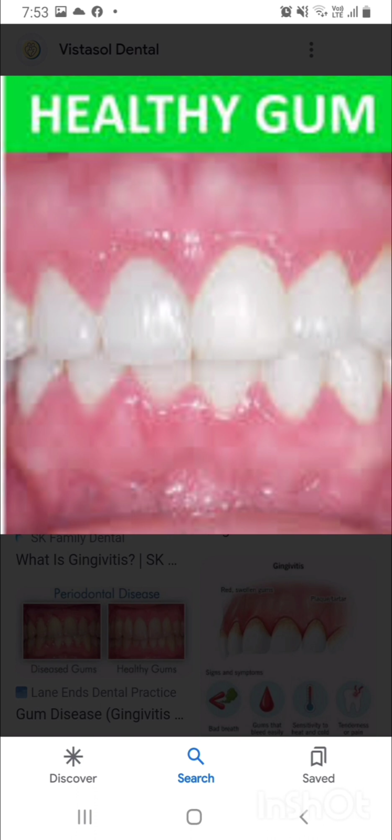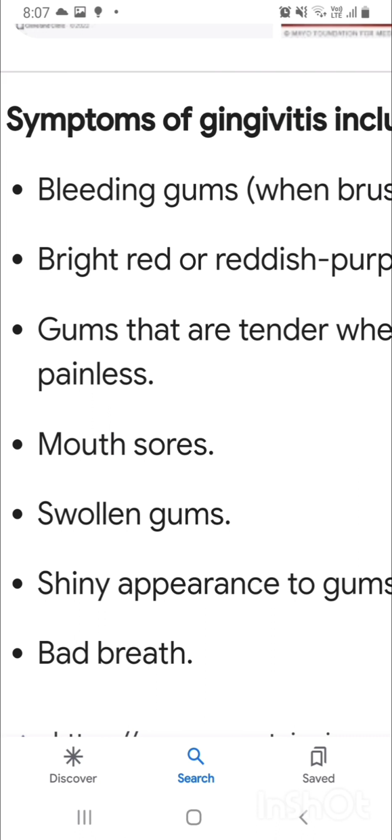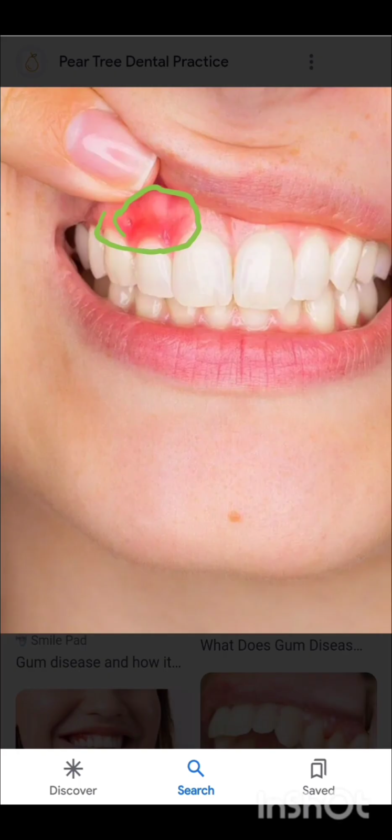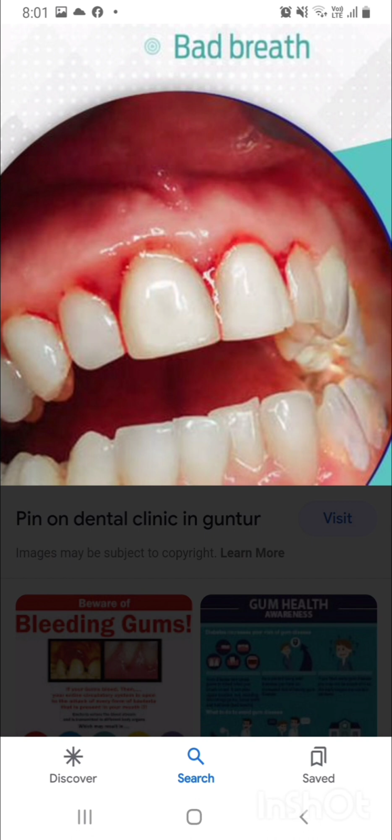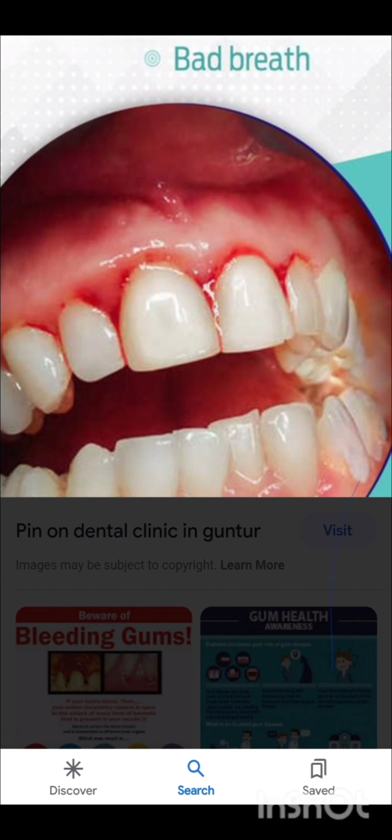Okay? And like we said, there is inflammation of the gum. And always inflammation is associated with shining. Okay? So the other sign of gingivitis is bleeding, right?